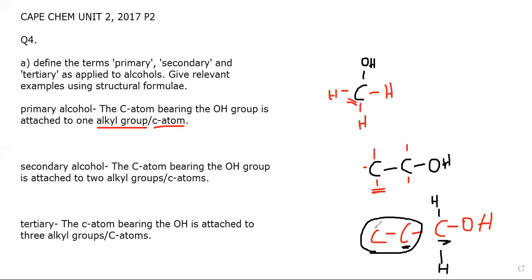So you would draw the structures, of course. You would put on the rest of your hydrogens. And it said give relevant examples using structural formula, right? So ethanol and 1-propanol are examples.